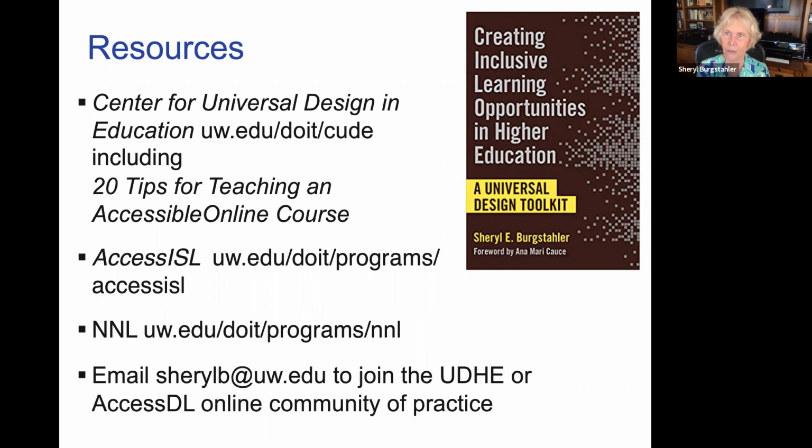But the ATHEN list is a good place to post something. Has anybody found a way to make such and such accessible, or working with the vendor? Because sometimes you'll find a community of people that are already doing it. We have a very active community, as I mentioned, working on Zoom and Canvas, actually, because those are products we're using on our campus. We're a large campus, so we can afford to do that. And the smaller schools can benefit from what we do.